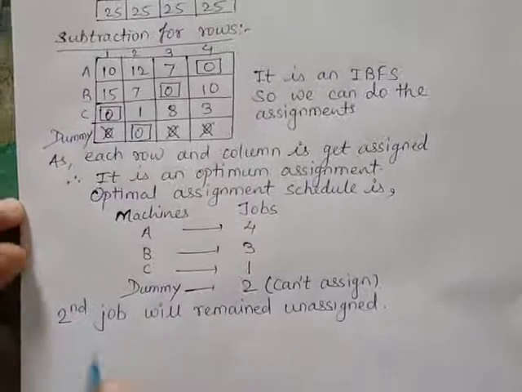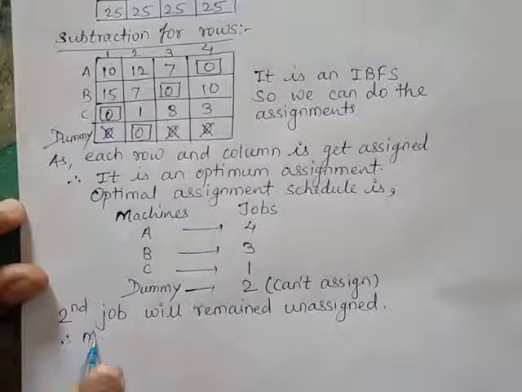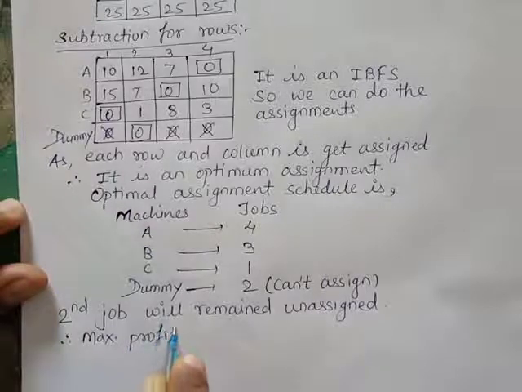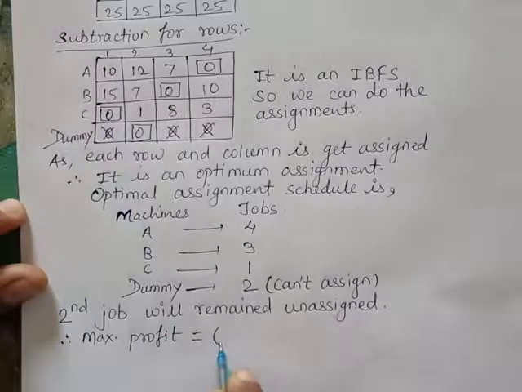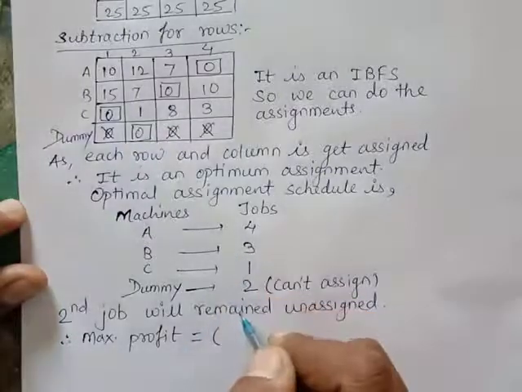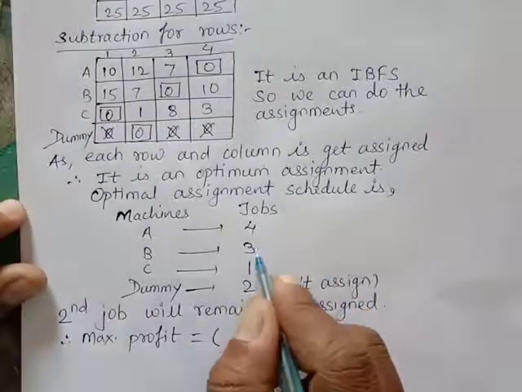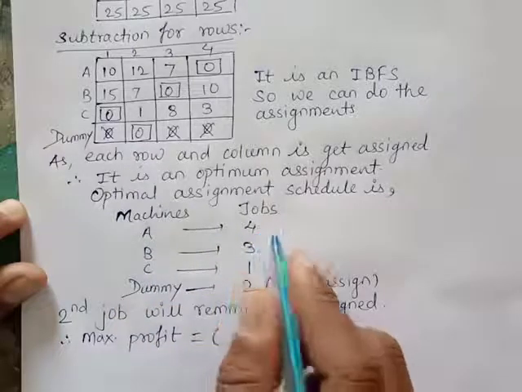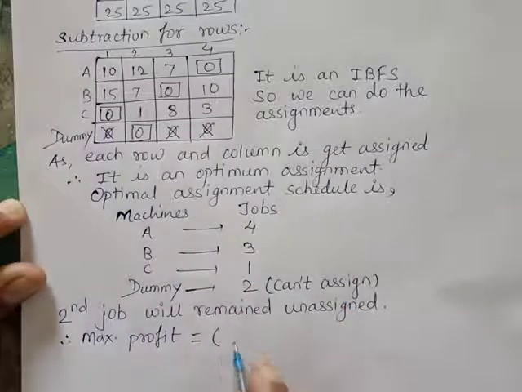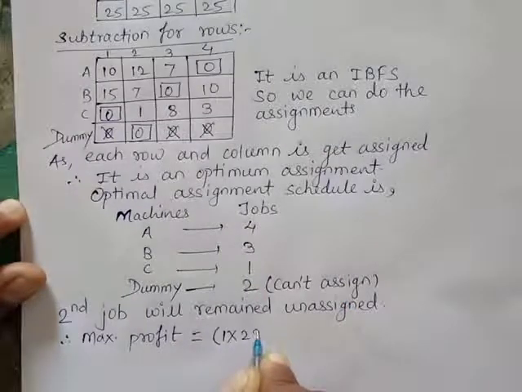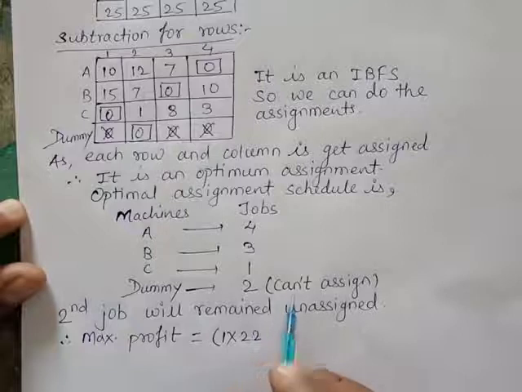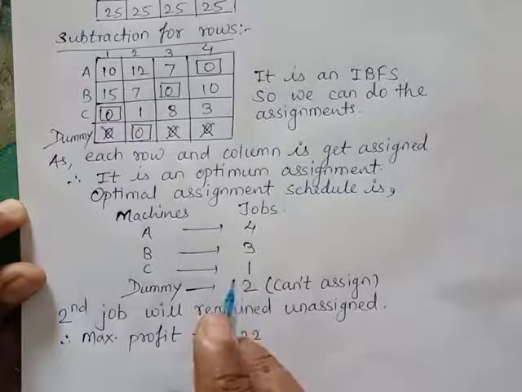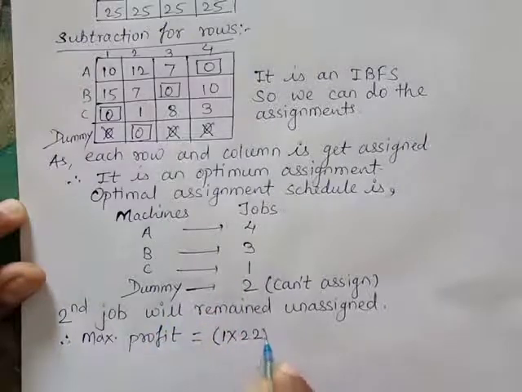Therefore, what was the maximum profit? For that, go to the original matrix. In the original matrix, A is assigned to the fourth job, so the profit is 22. Don't go for the minimization type of cost matrix; we have to go for the maximization type of profit matrix given to us.